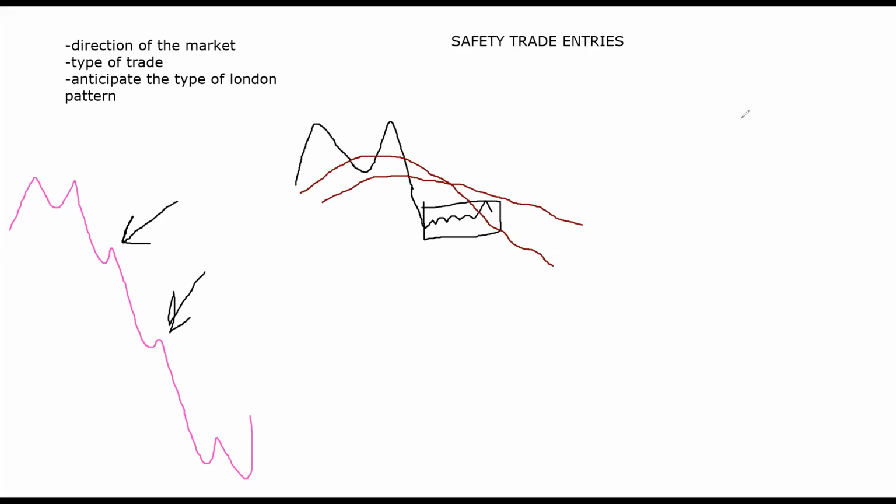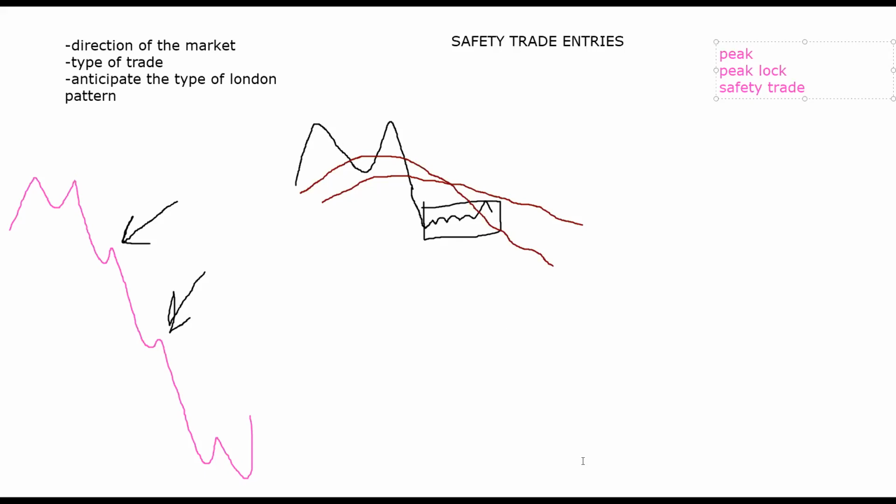So on a safety trade, we normally say that there has to be a peak, then a peak lock, then the safety trade happens on the next day. If it's an M or a W, I've just used an M as an example, then we must see what we call a peak lock.